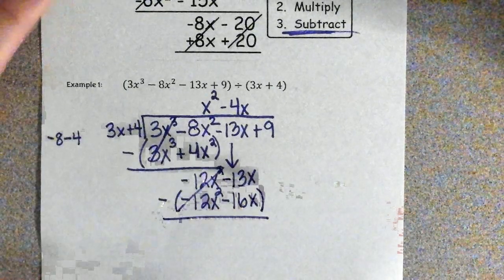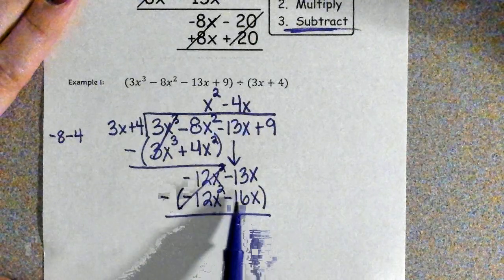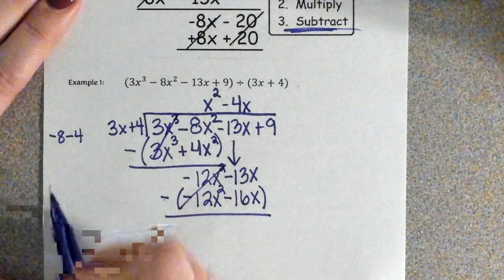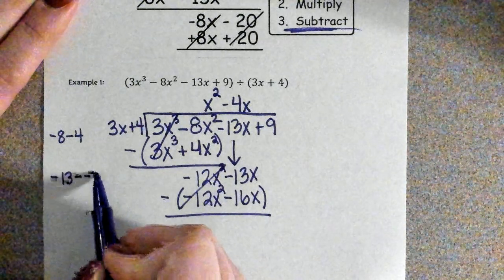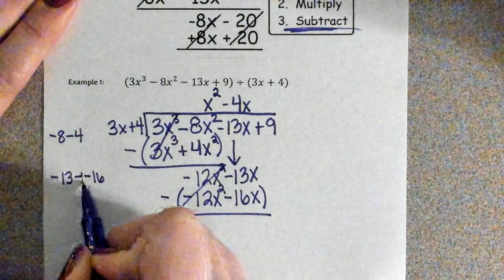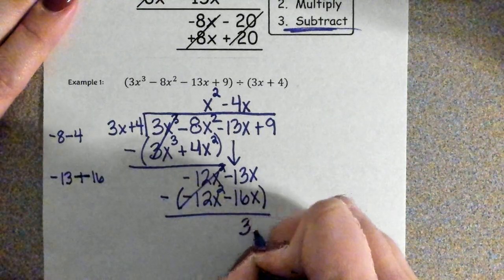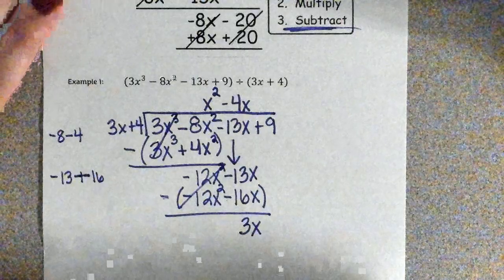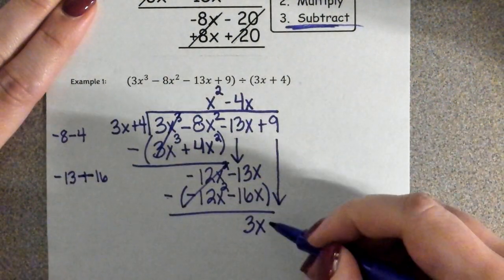This cancels. Now we have a negative 13 minus negative 16x. Negative 13 minus negative 16 is really plus 16. So that's positive 3x. Then we have one more term to bring down, so we bring down that plus 9.